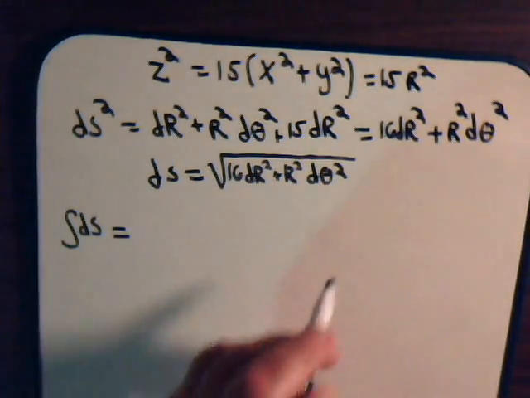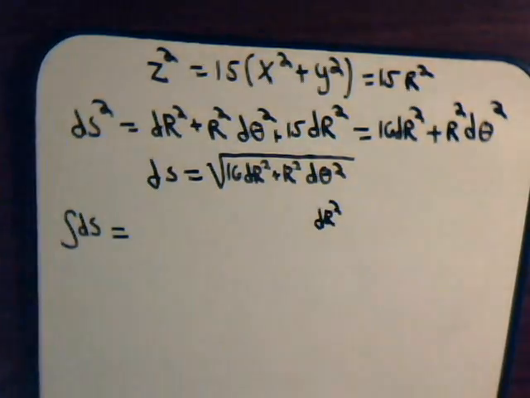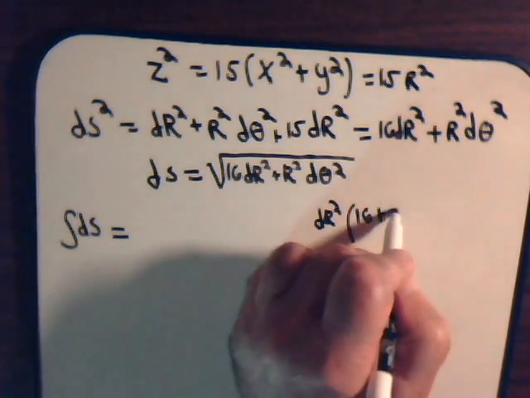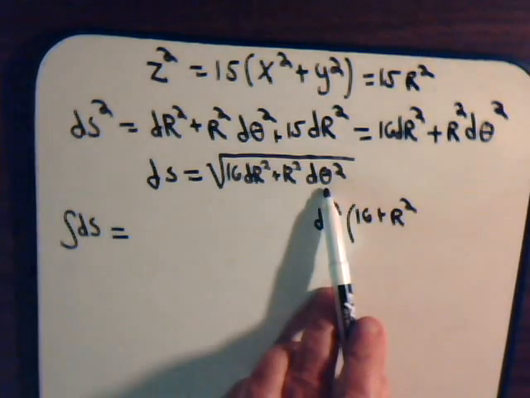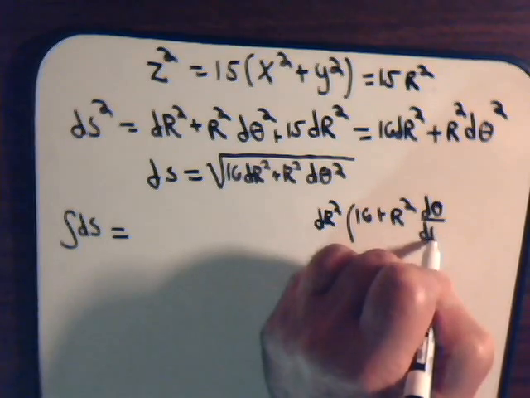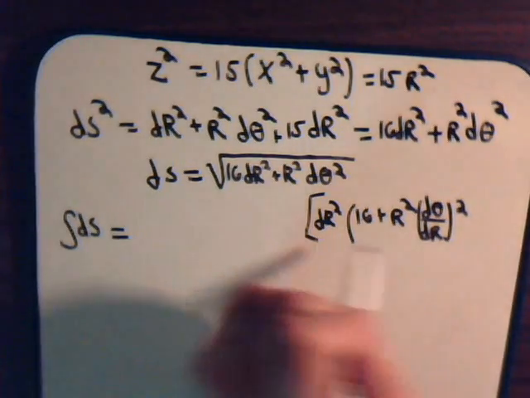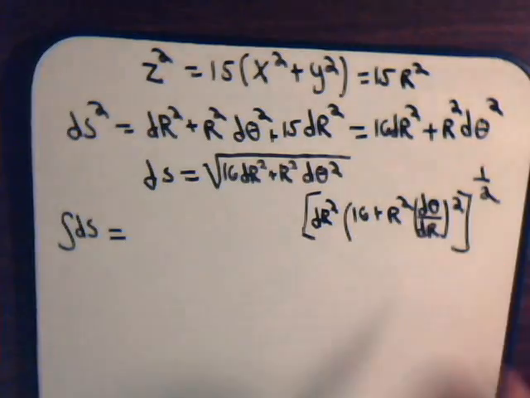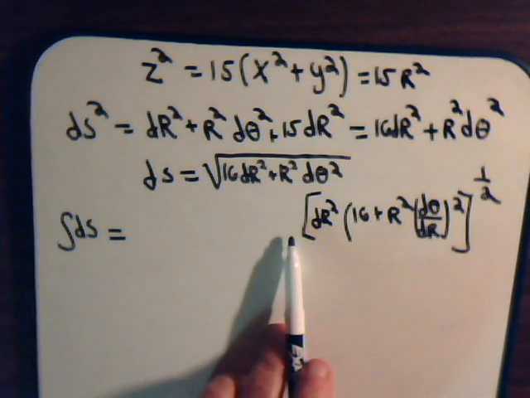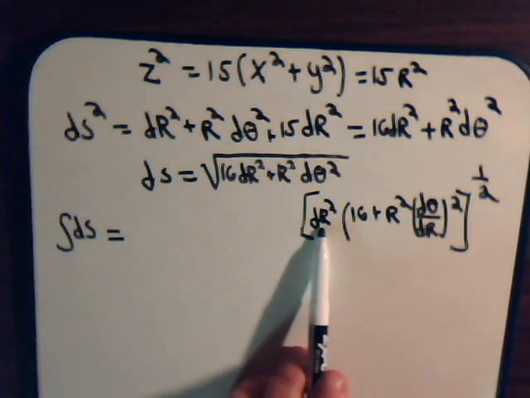Under the square root sign we'd have dr squared, and then we would have 16 plus r squared times d theta divided by dr, squared. And that is inside the square root sign. So for our integral, we can take this outside of the square root sign, and that would just be dr. So we'd have that ds will equal the square root, times dr.